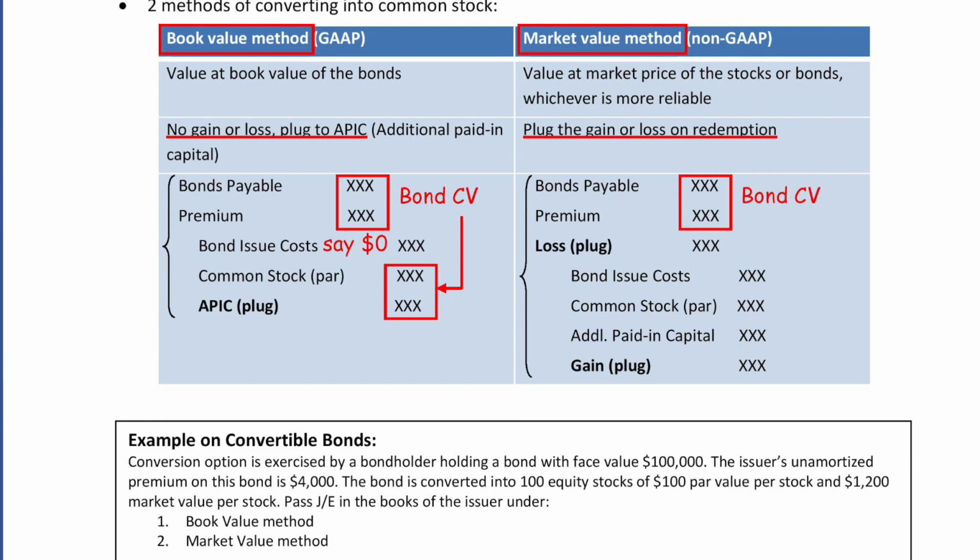If there's a loss, that's a debit. So highlight loss plug. On the credit, we'll get off any bond issue costs, and then common stock plus APIC. Put a box around that and write stock market value. And if there's a gain, that's going to be a credit plug. So highlight gain plug on the credit side. So there would be either a loss or a gain on conversion.